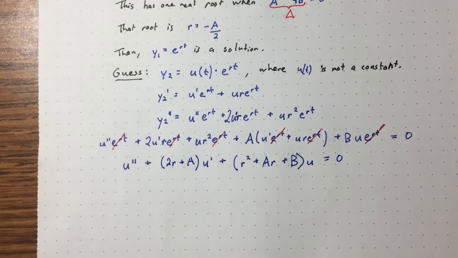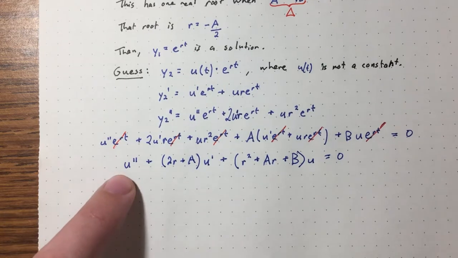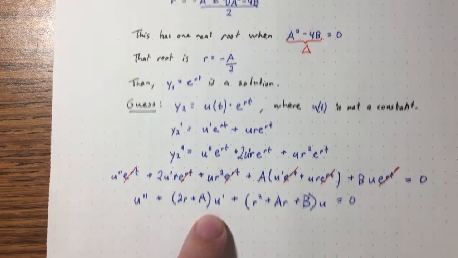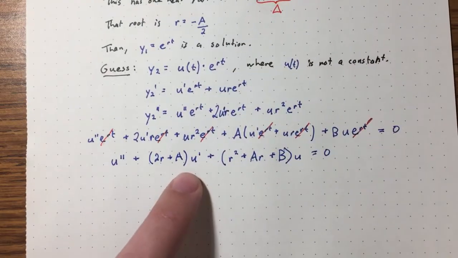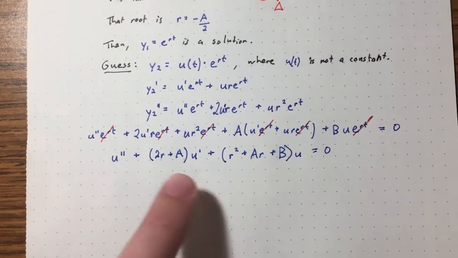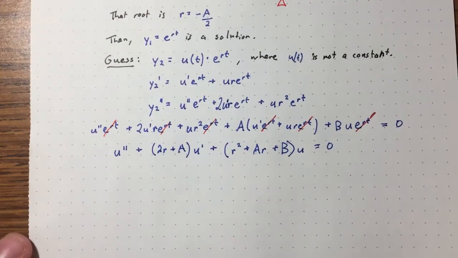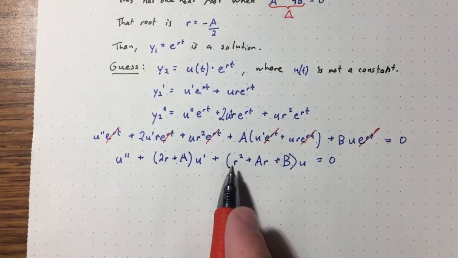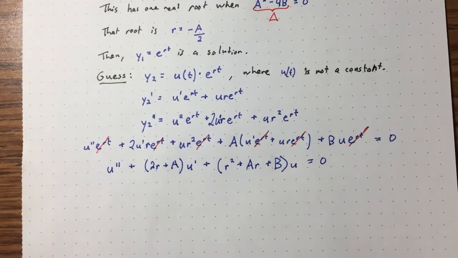Okay. Well, does this help us is the question, right? We now have another second order differential equation, different than the one we started with, that we have to solve for u. But it turns out this is a super easy second order differential equation, and that's because what is r squared plus ar plus b?